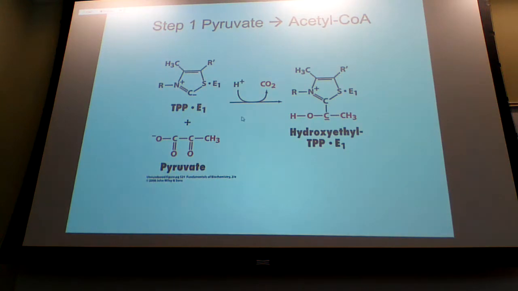When we've seen decarboxylation reactions in the past, what kind of catalysis has it been? Covalent, yeah.